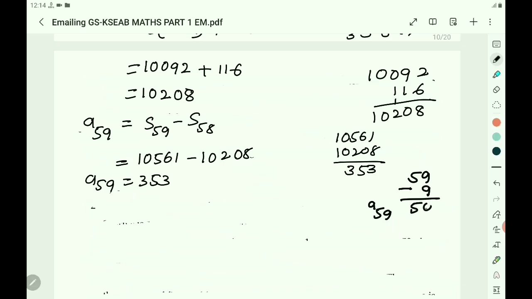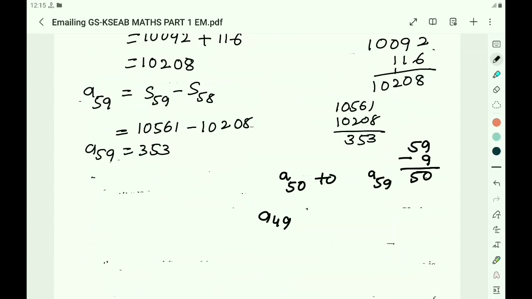So you will get 50. So from a50 to a59. The sum from a50 to a59 means up to how much is not required? Up to a49 is not required.